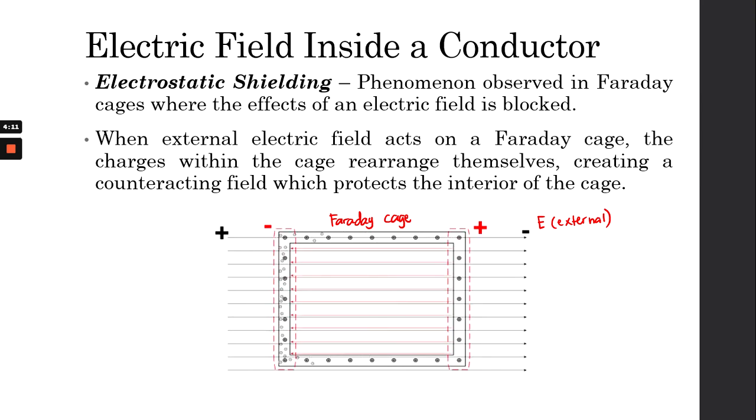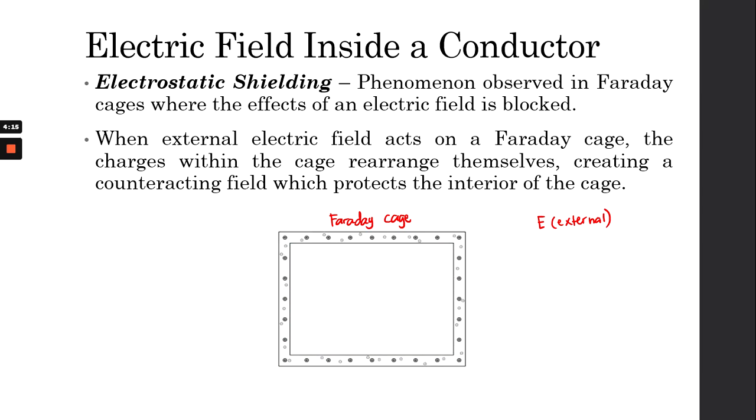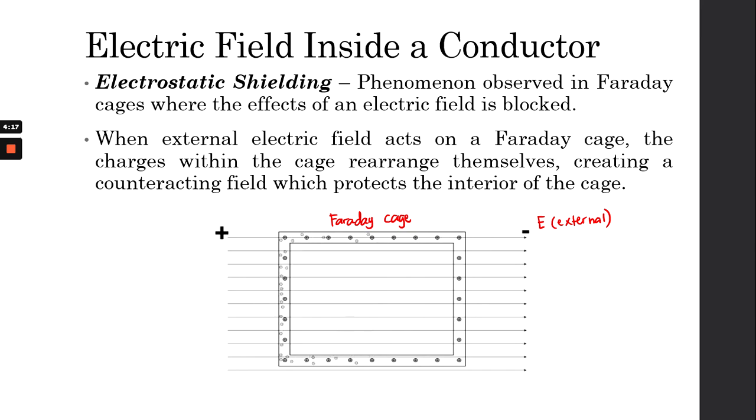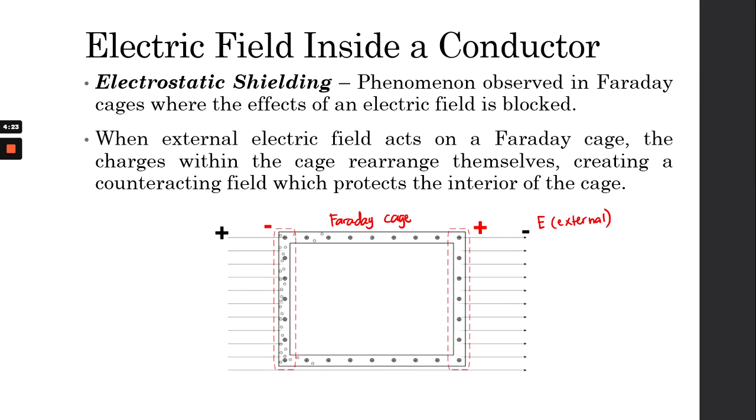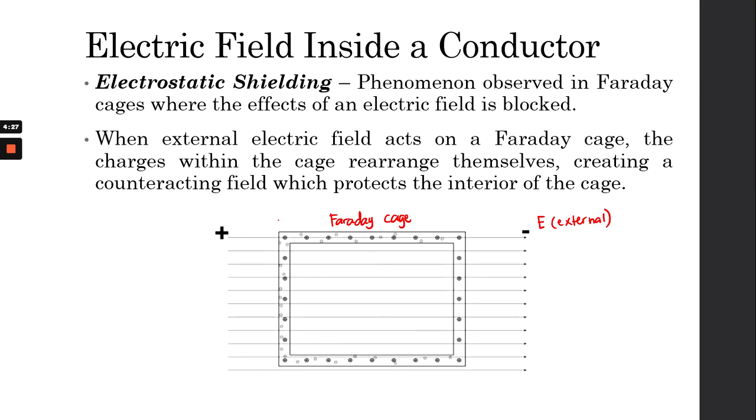It's much easier for the negative charges to move. The same thing here: the negative charges from your external electric field push away these negative charges on your Faraday cage. It creates a negative side here and a positive side here.